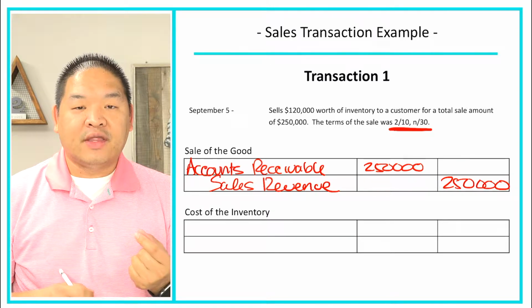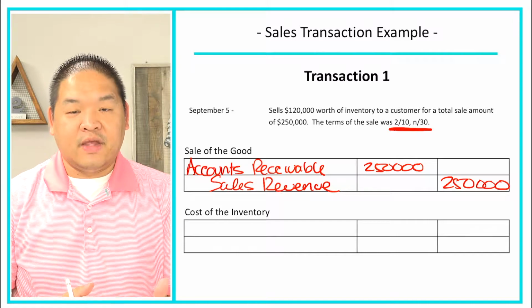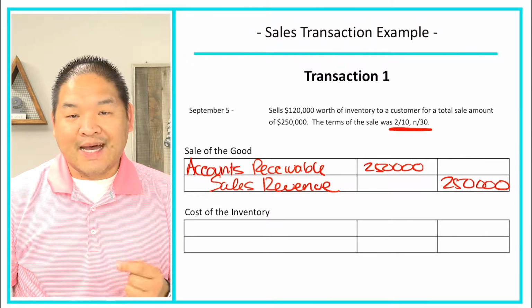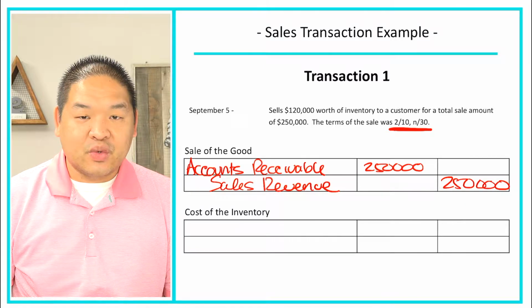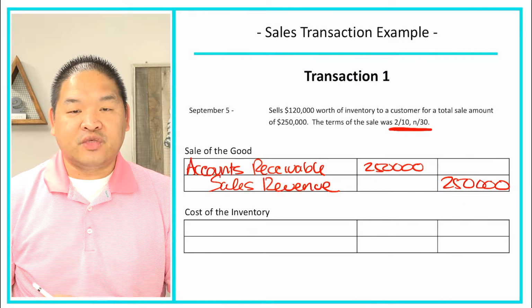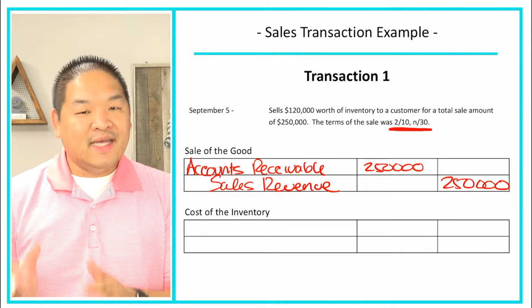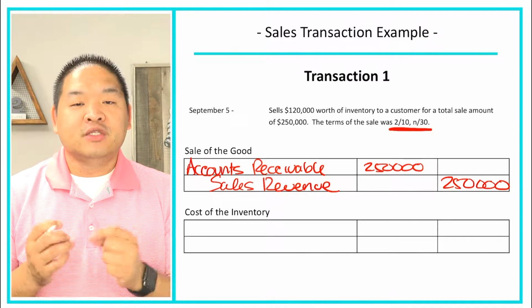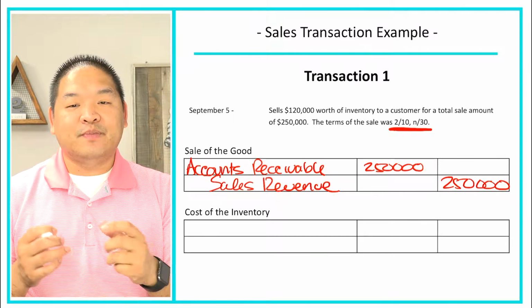Now we need to look at the journal entry for the cost of the item. Well, the cost that we incurred according to this problem was $120,000. $120,000 would be the expense. So we're going to debit an expense for the $120,000. And we're going to take that cost out of inventory, which it's currently stored in. So to do that, we're going to debit our expense, credit our assets.